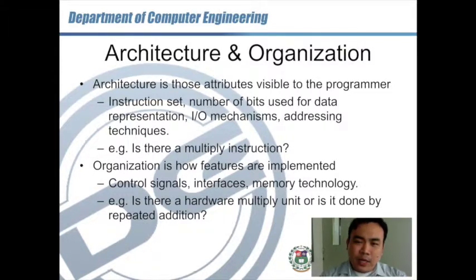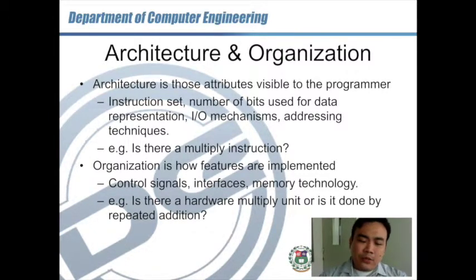So, for example, we have the instruction set. We have the number of bits, or how wide the data bus is. So we talk about 32-bit, 64-bit. That's part of the architecture. Also, the I/O mechanisms and the methods of addressing are basically part of the architecture of a particular computer system.